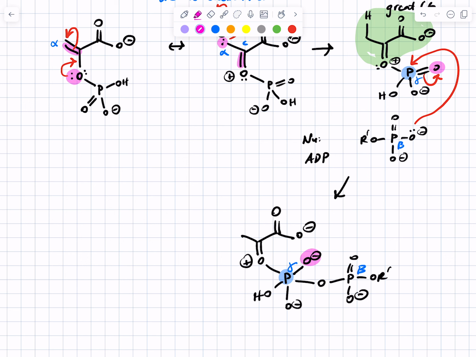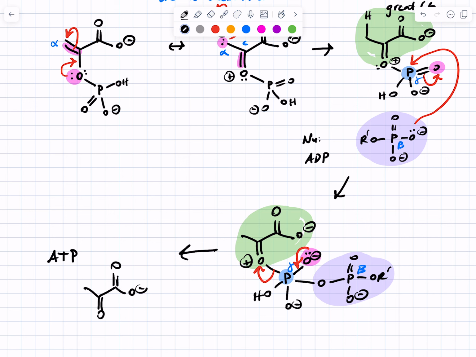Here's the negatively charged oxygen that's going to act as a kicker-offer. Here's the ADP nucleophile attached to the gamma phosphoryl group. And then here's the leaving group. And electrons on the negatively charged oxygen kick down and the leaving group leaves. You generate ATP and the final product of glycolysis, which is called pyruvate.